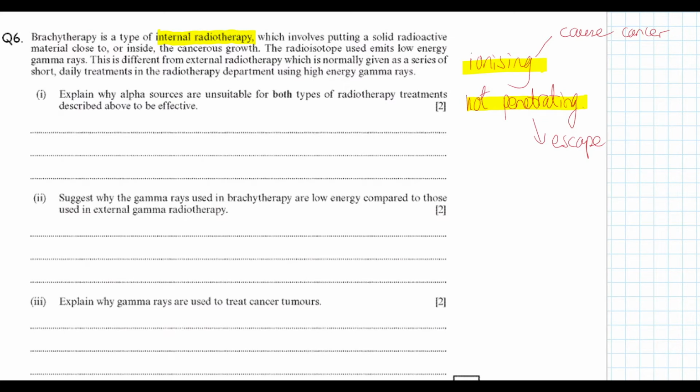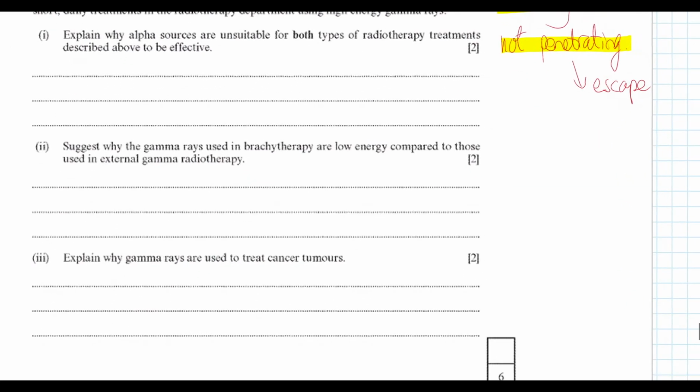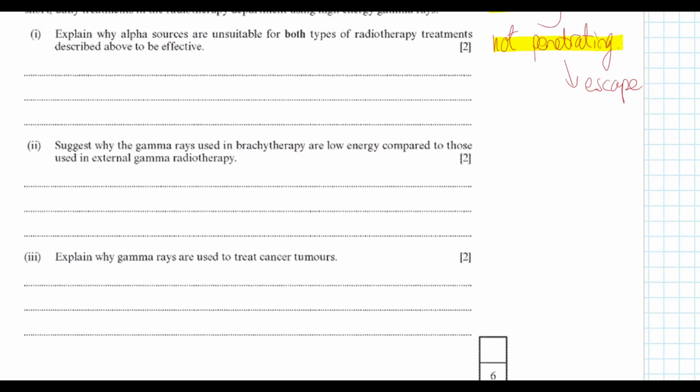Part 2, remember you're writing this down in your own words. Why are gamma rays used in brachytherapy low energy compared to those using external gamma radiotherapy? Well, in brachytherapy, remember this is internal, the gamma is already inside the body.